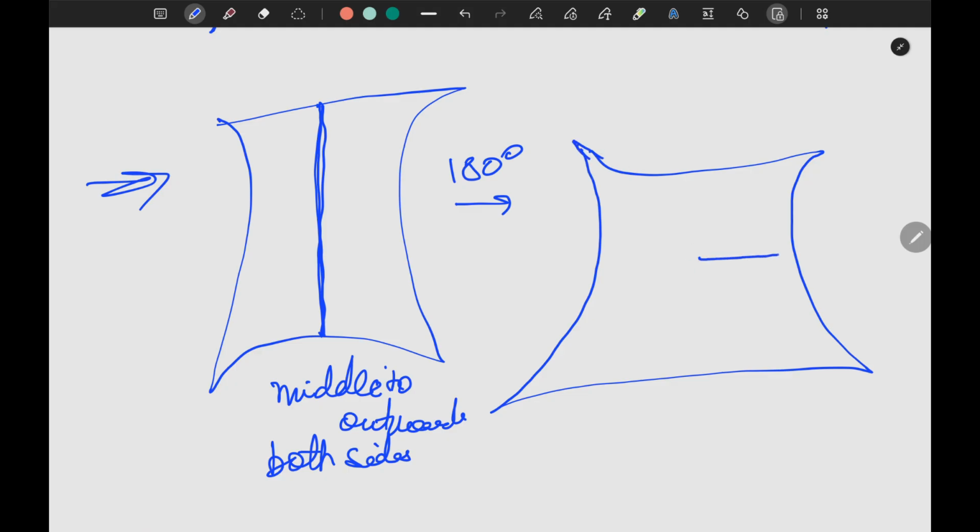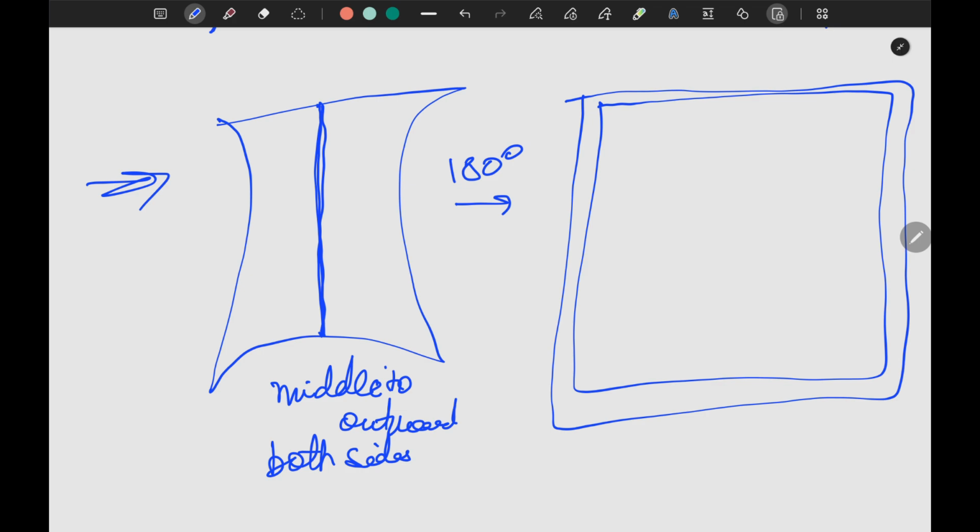Suppose cell plate is formed here. Now this one is plasma membrane, this one is cell wall. The cell plate touches the plasma membrane and fuses with it. After the fusion, they try to break the cell wall into two.